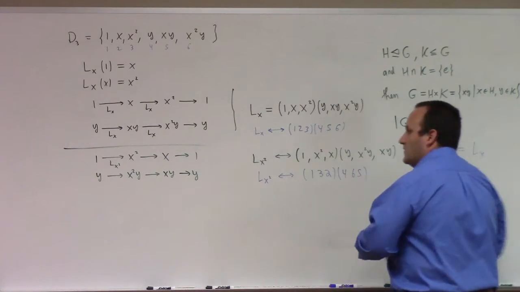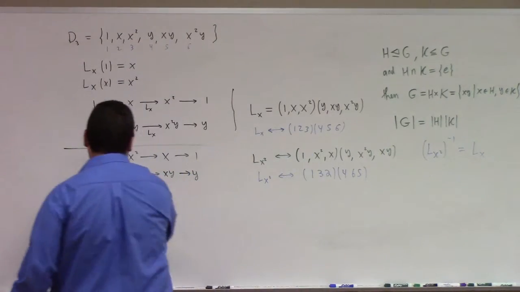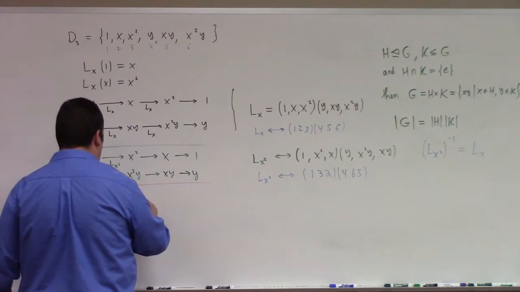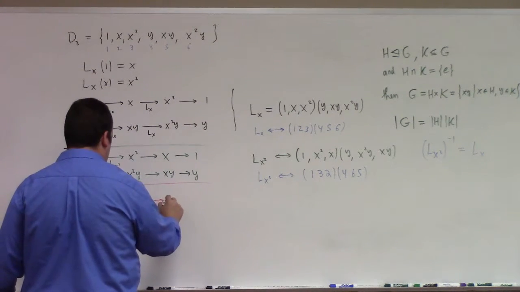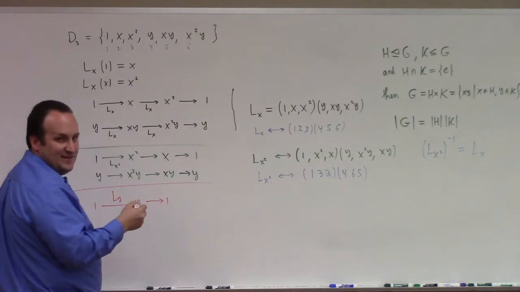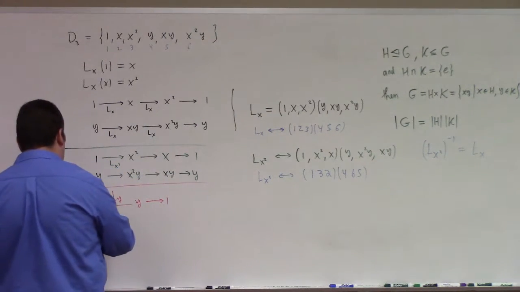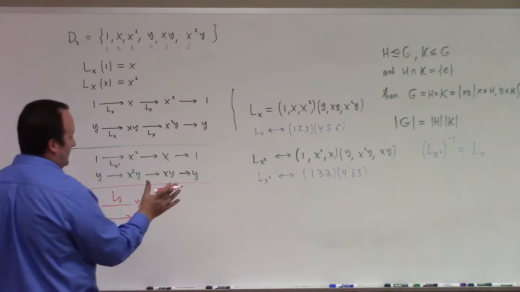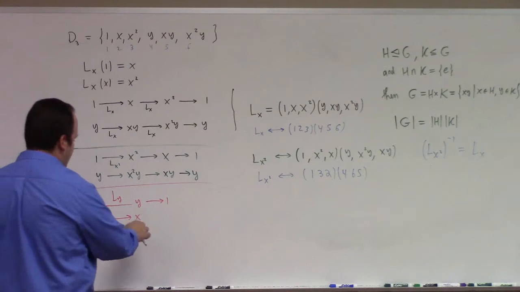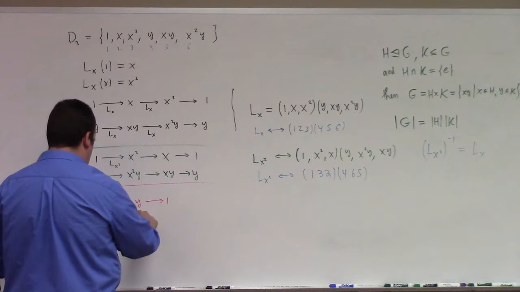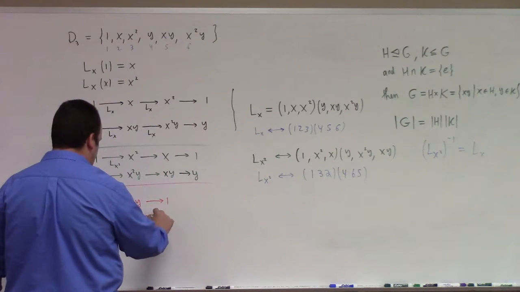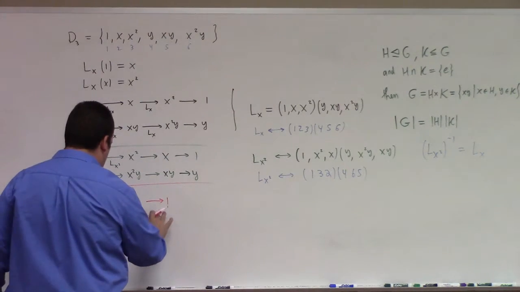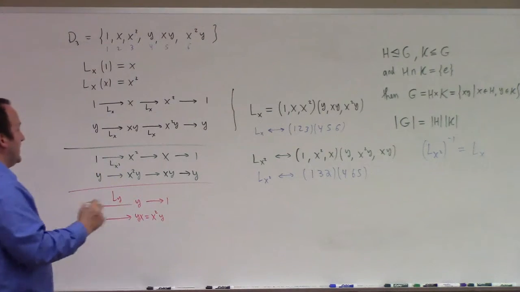Let's continue. So what are the other mappings we have? Ly. So 1 goes to y, goes to 1. And then x goes to xy. Oh, wait a minute, well, yx, which is equal to x cubed y. Oh, wait a minute, x squared y here, because x inverse is x squared.